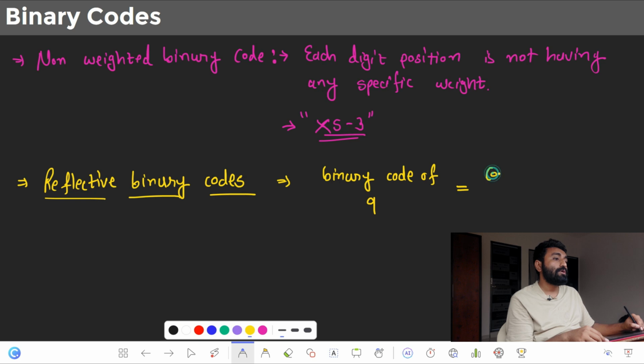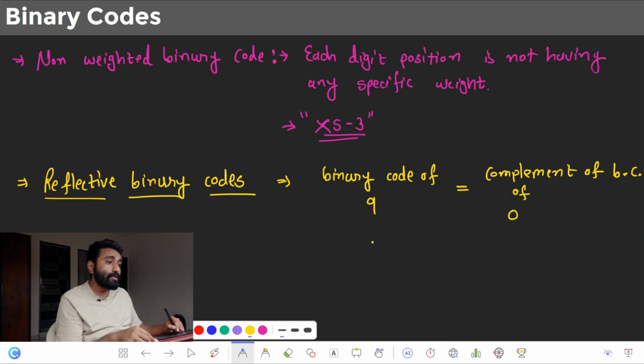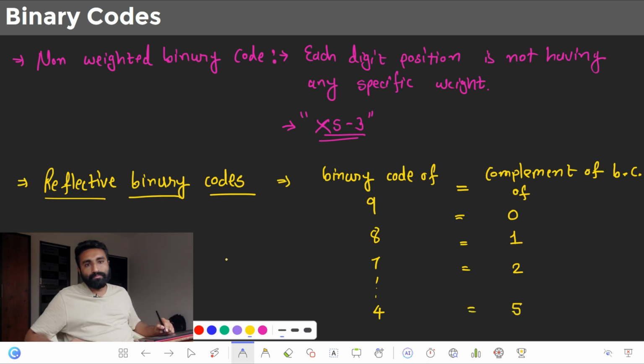Similarly, the binary code of 8 should be the complement of the binary code of 1. Similarly, 7 should be the complement of the binary code of 2, and likewise 5 and 4. So this is how the reflective code works.